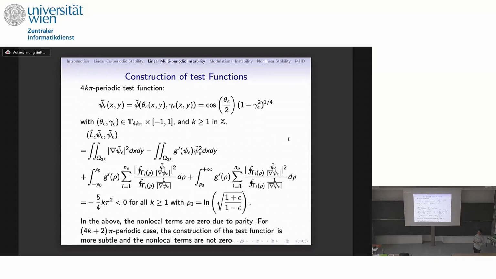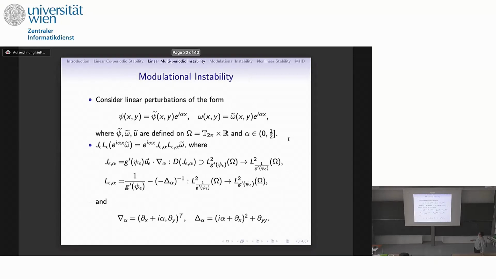So this is the instability for multiple periods, and we can actually do this even for so-called modulational instability, like the Benjamin-Feir instability for water waves, for Stokes waves. We look at perturbations of this form: a 2-pi periodic function times a factor e to the i alpha x. Alpha is the modulational parameter.